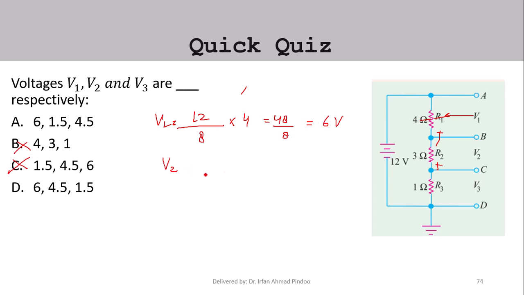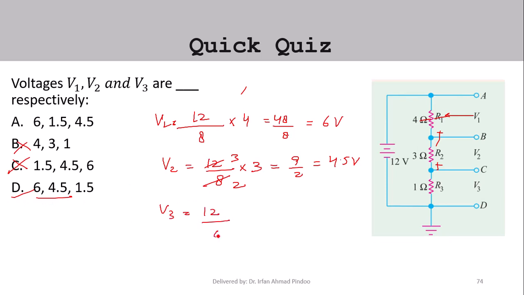Now we will find V2. V2 is again 12, total voltage, total resistance is 8, into resistance here which is 3. So it will be 4 into 2, 4 into 3, so it is 9 upon 2, that is 4.5 volt. Now we can see that option D is the right option, but still we will do V3 also.